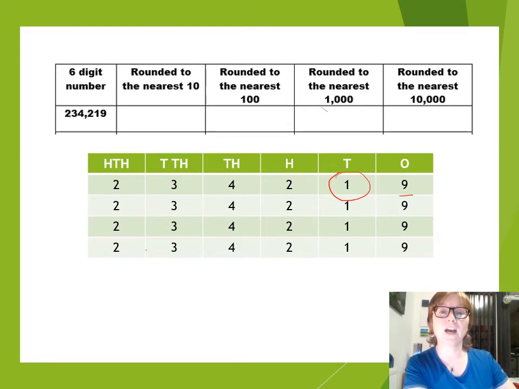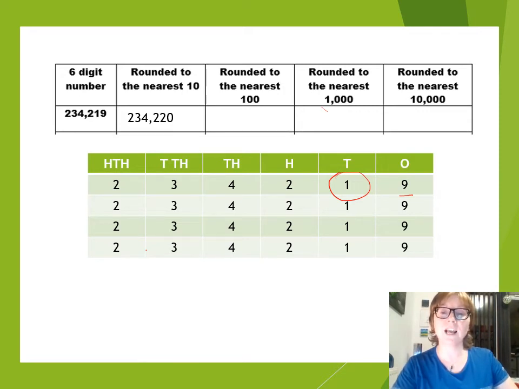So if we have a 5, 6, 7, 8 or 9, this means that this digit, the 1 in the tens, will increase. So we end up with an answer of 234,220, and we can see that that is a multiple of 10 because it has a 0 at the end.